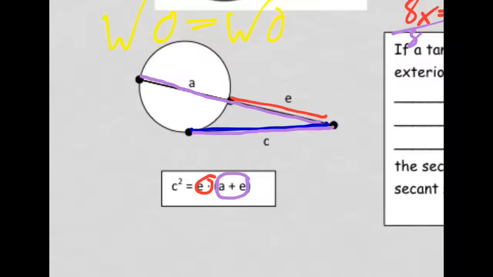All of it. And that's why you get C squared, because that's the whole and that's the outside. So you get C squared, whole and outside.